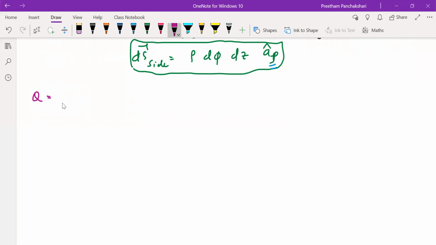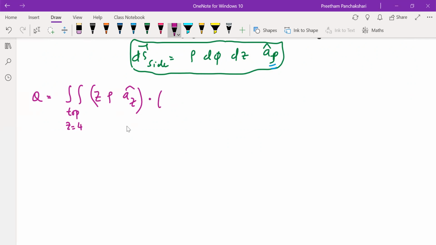Now we are going to take the top surface where z equals 4. The D value from the problem is z rho a cap z dot ds.